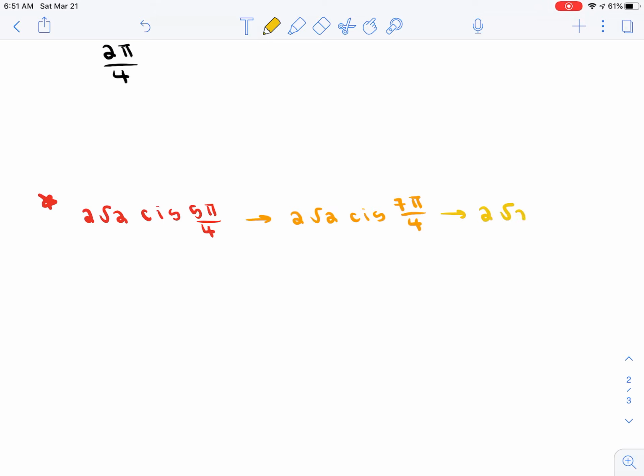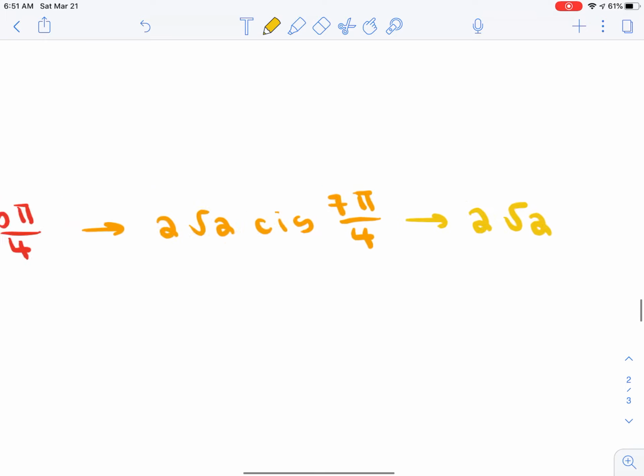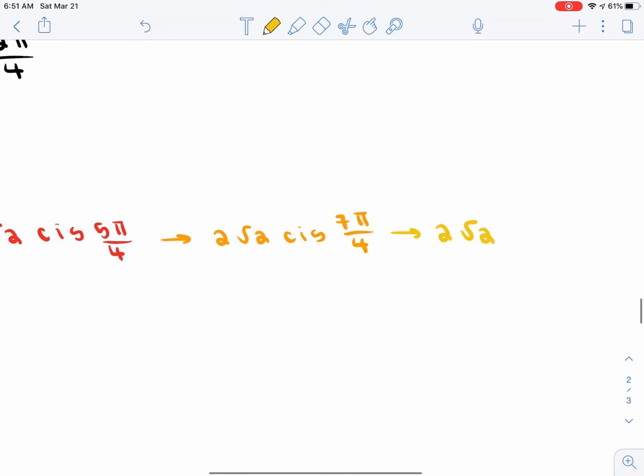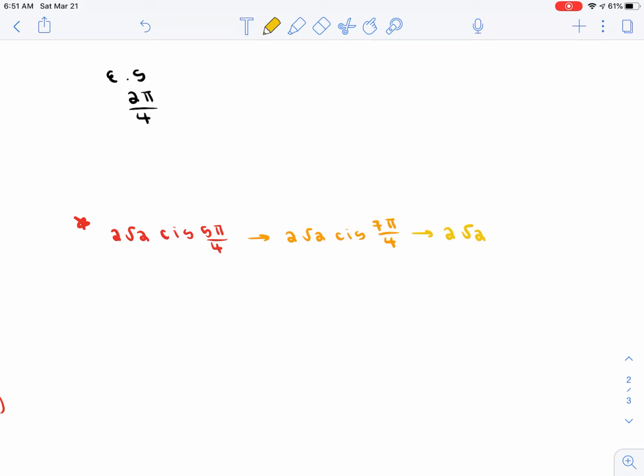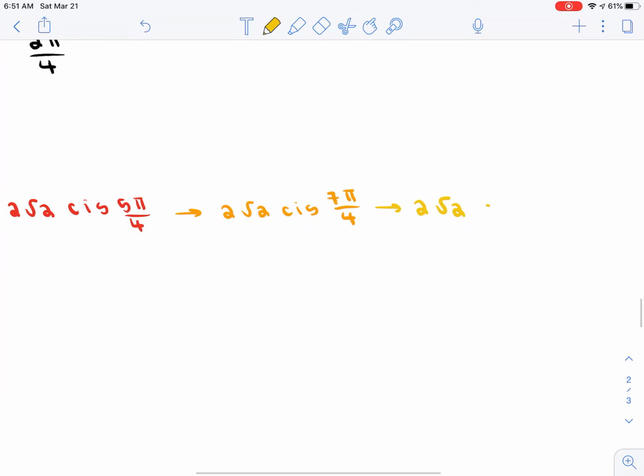If I want to find my next solution, if I add another 2π over 4, I'm going to go over 2π and have to find what's coterminal. Keep in mind you can take that first solution and you can also subtract 2π over 4 in order to get 3π over 4.